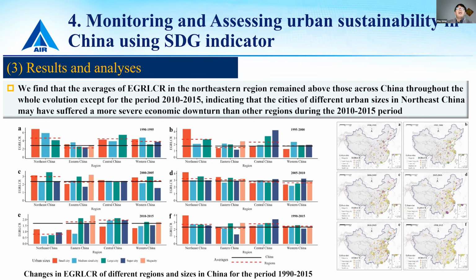For EGR, LCR, also the northeastern region remained in an unbalanced way during the monitoring period, except 2010 to 2015. It indicates that the cities of different urban sizes in northeast China may have suffered a more severe economic downturn than other regions during this period.